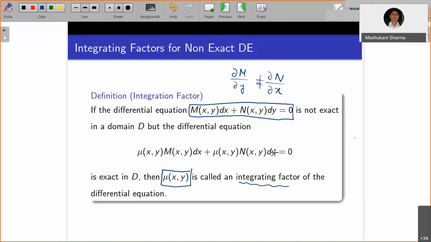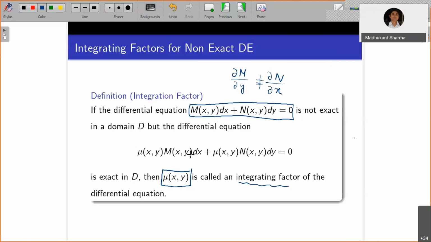Since you have introduced one new function mu, called an integrating factor, after multiplying it to the original equation, the resulting equation becomes an exact differential equation. So there will always be some payback.